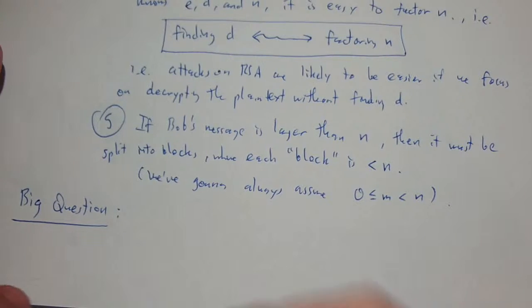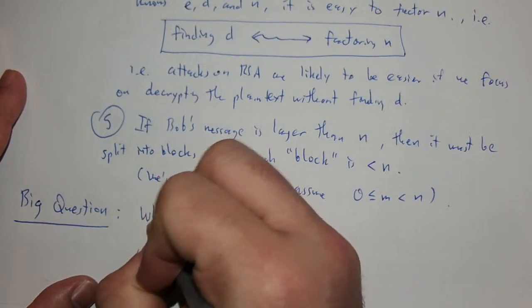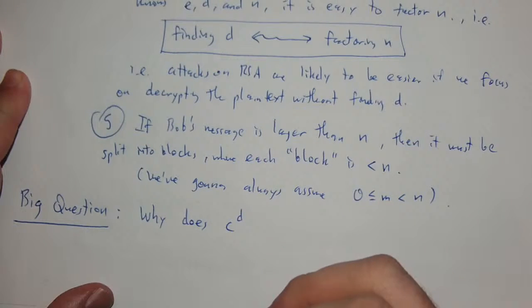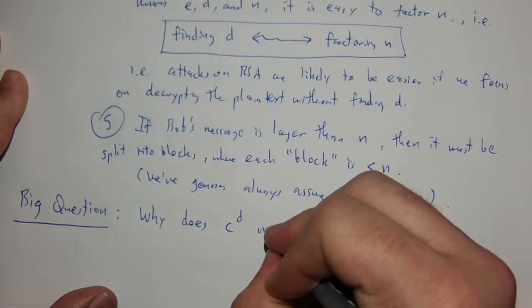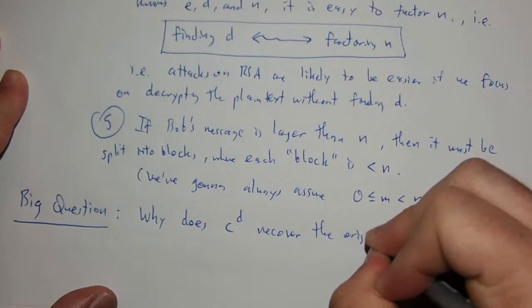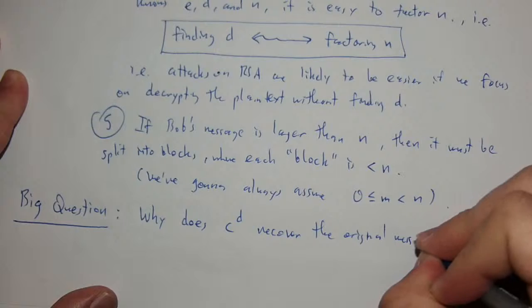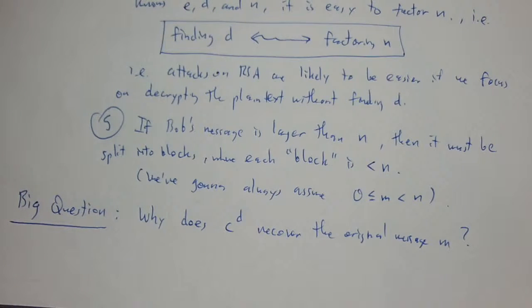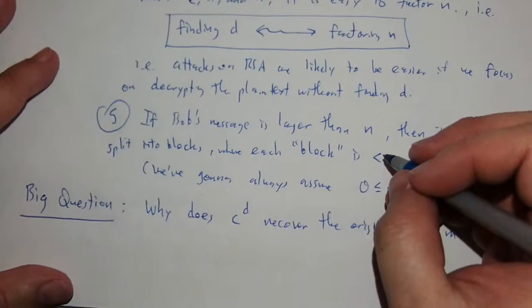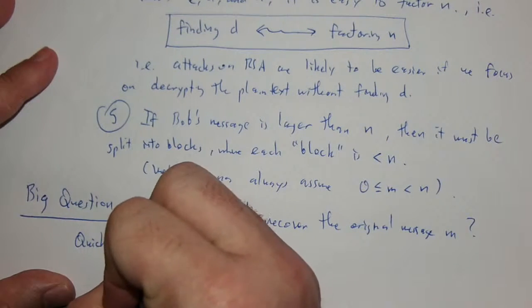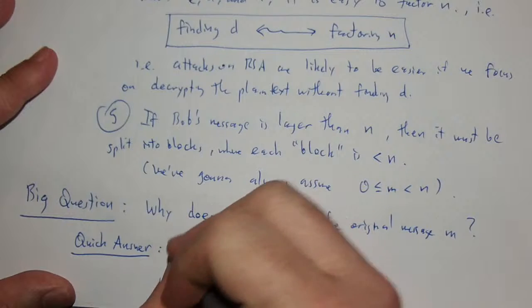Why does C to the D recover the original message M? So, quick answer is Euler's theorem.